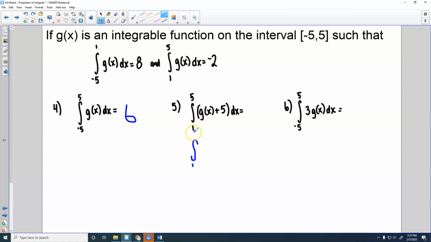It's the integral from 1 to 5 of g of x dx, which is negative 2, plus the integral from 1 to 5 of 5.